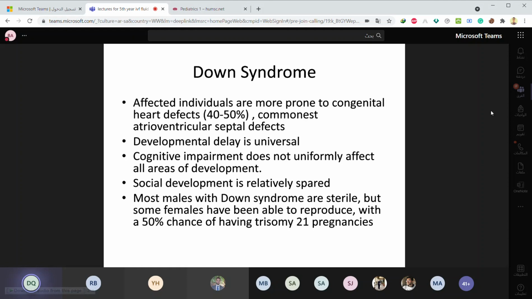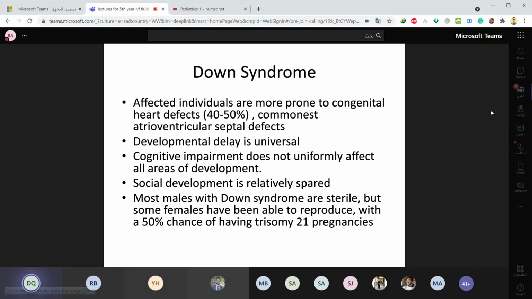So they have certain areas affected more than others, and they can achieve certain things in different areas. Social development is relatively spared, socially they are normal.